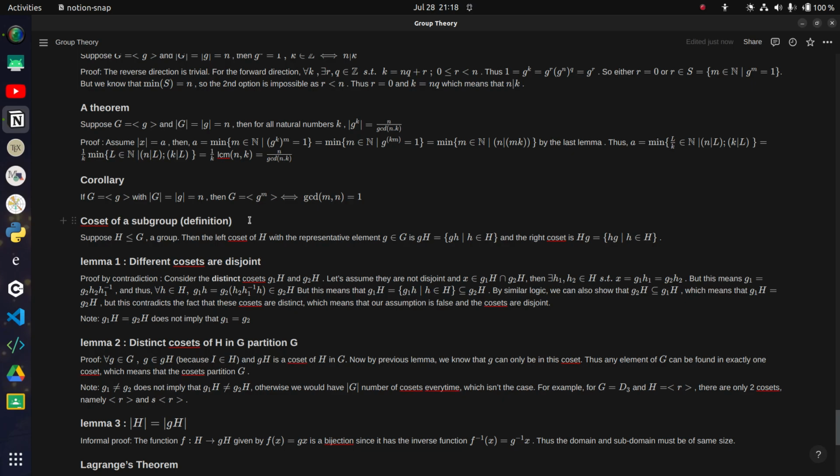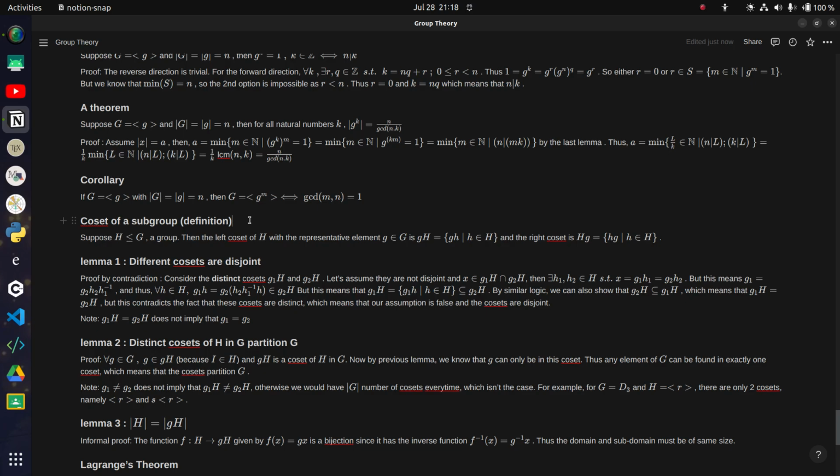Say that H is a subgroup of G, then the left coset of H with the representative element small g is small g H, just put them next to each other, which is the set of all small g small h such that small h is an element of capital H. And then similarly you define the right coset. So why is this important? Because this will be useful in proving something that we call Lagrange's theorem, which is pretty nice.